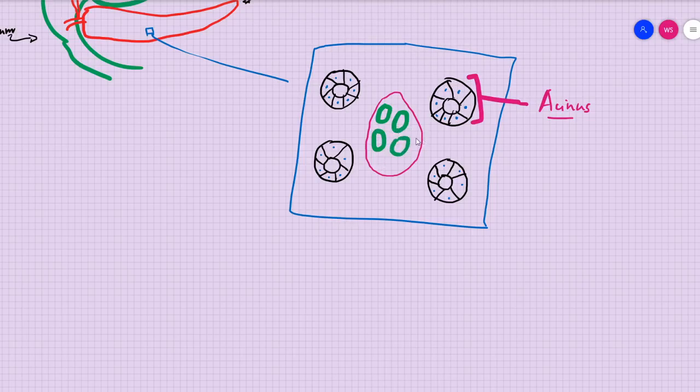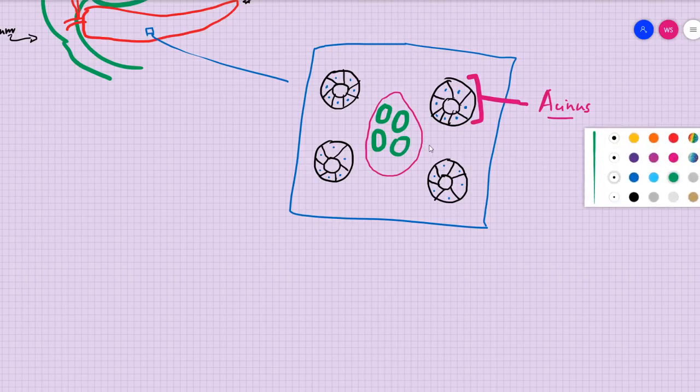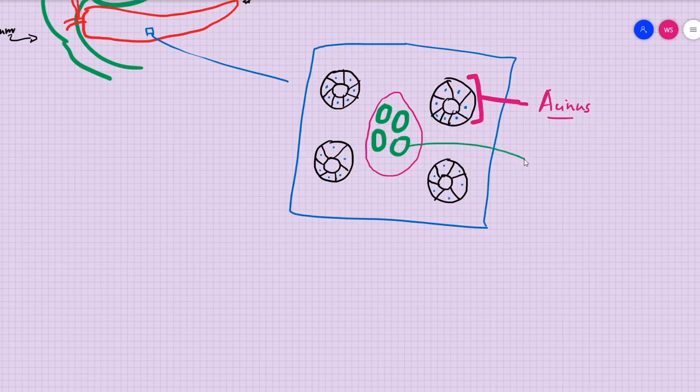Okay? So these different types of cells that we see, they are called alpha cells. Okay, the other one would be beta cells, and we have delta cells, and we have cells that are called F cells. They are also called PP cells. Okay?